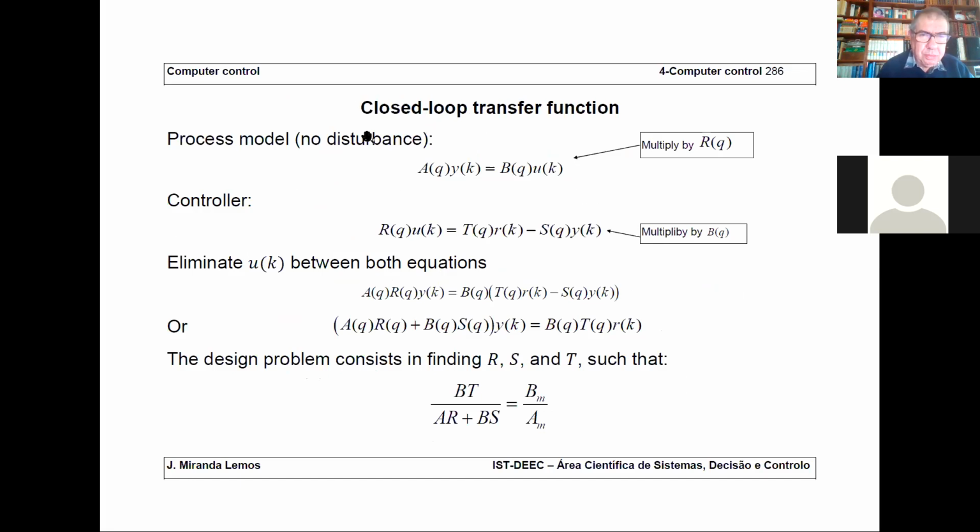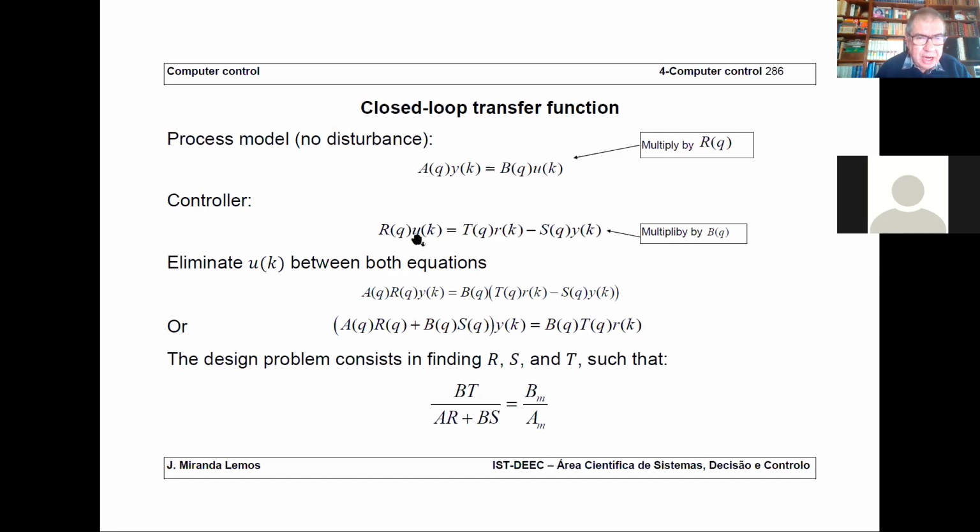So let's start by computing the closed loop transfer function. You have your system, which is y equal to b divided by a u, or a y equals to b u. And you have your controller. Now, you want to get rid of this common term u. So multiply everything by r here. So you get ar y equals to bru. And multiply everything by b here.